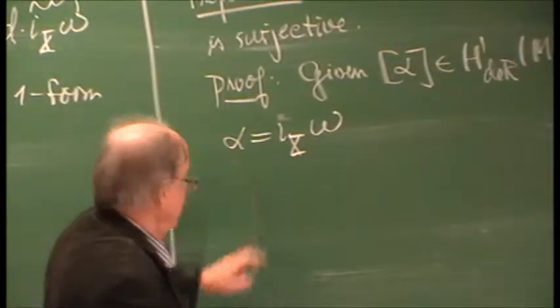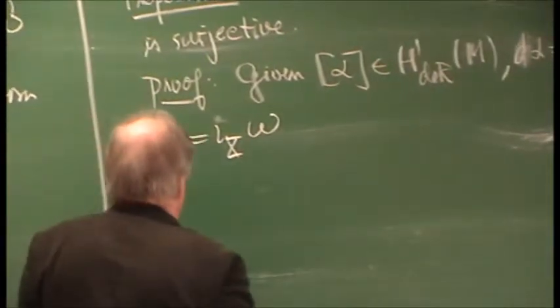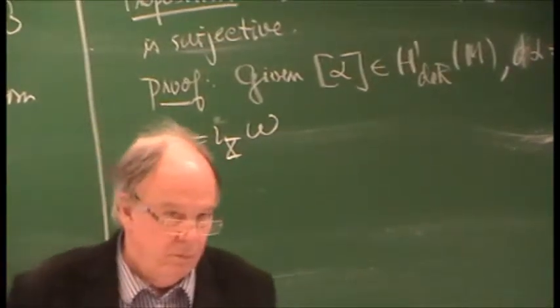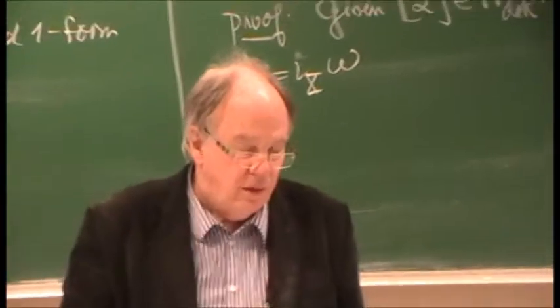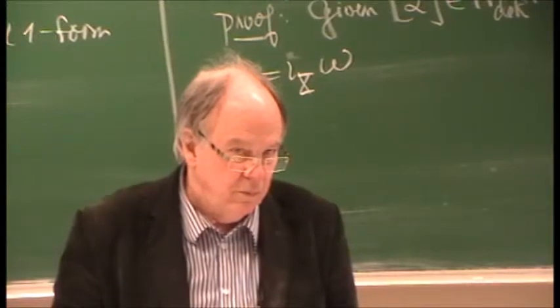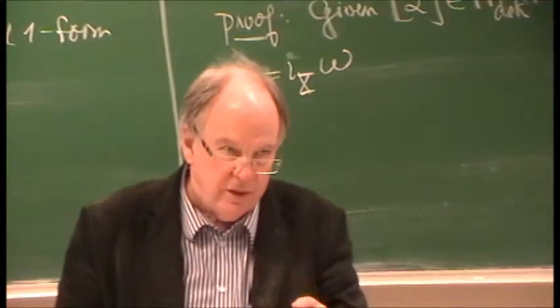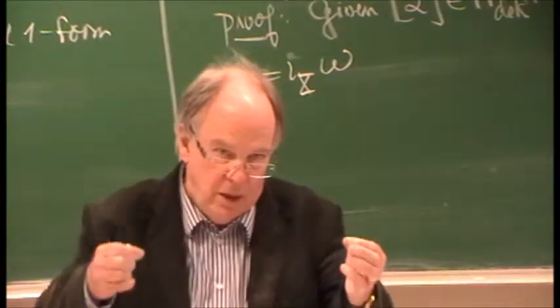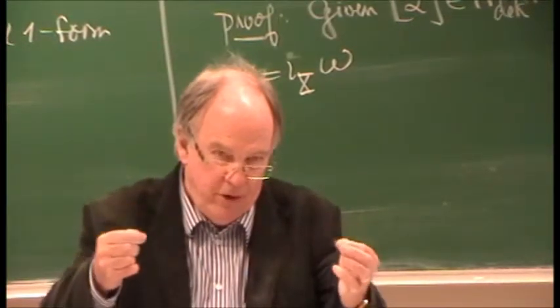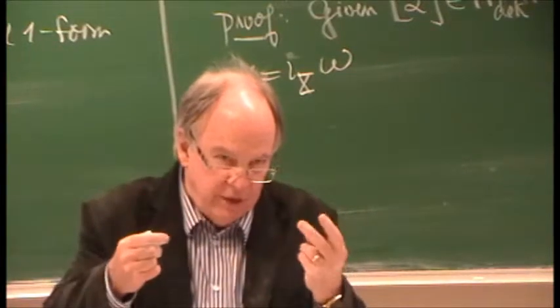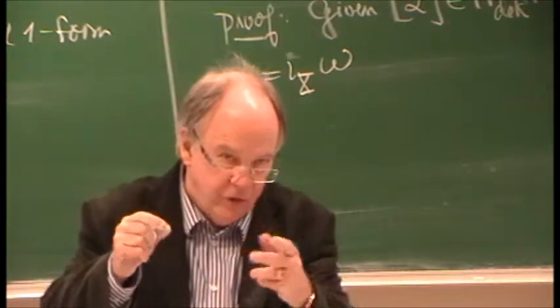Can you explain again why alpha could be equal to the contraction of omega? Omega is a pairing. Omega is a 2 form. On every tangent space, it's a bilinear 2 form.